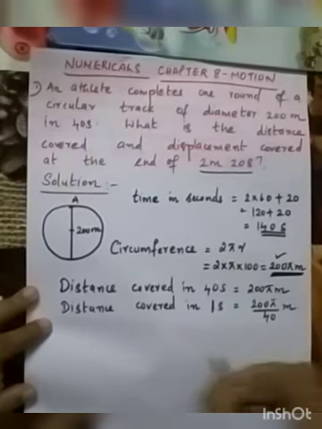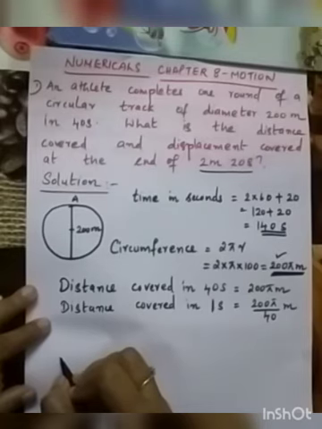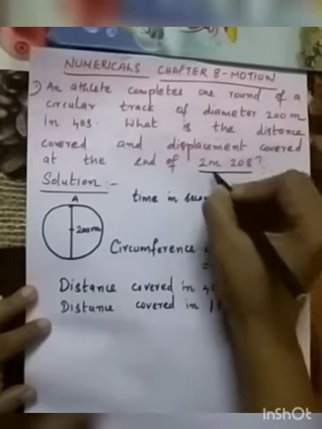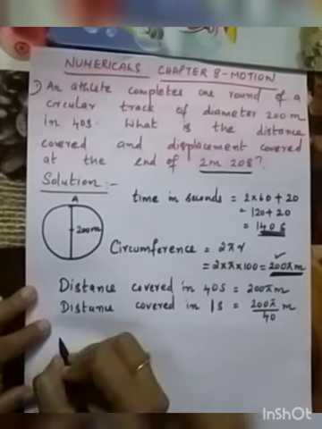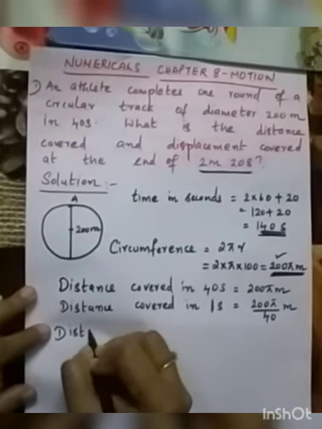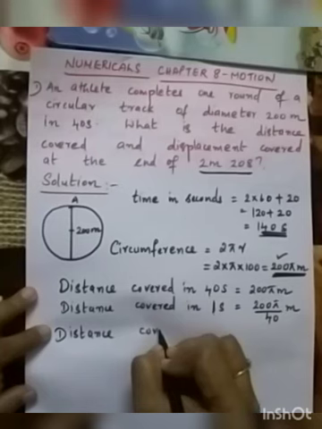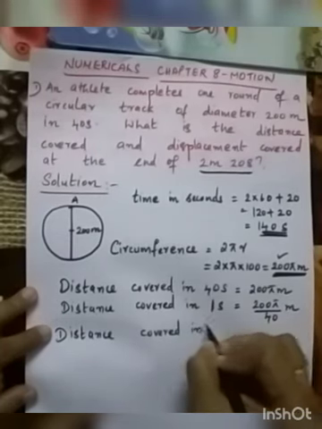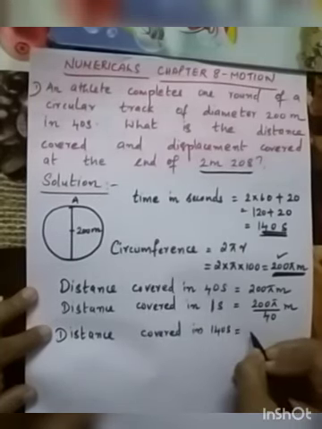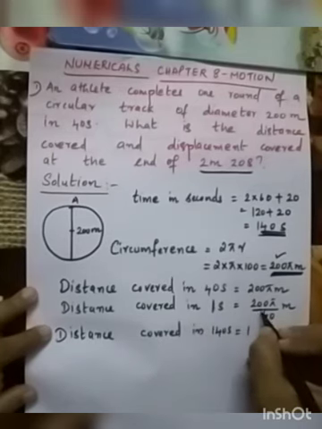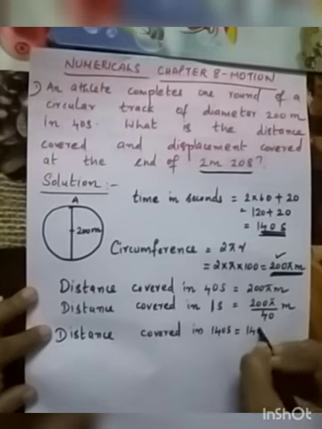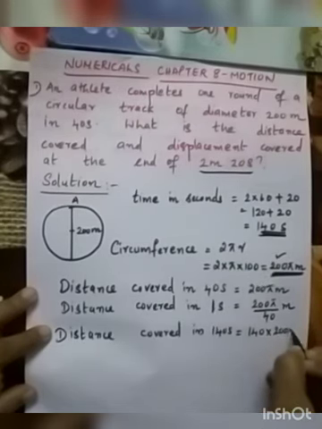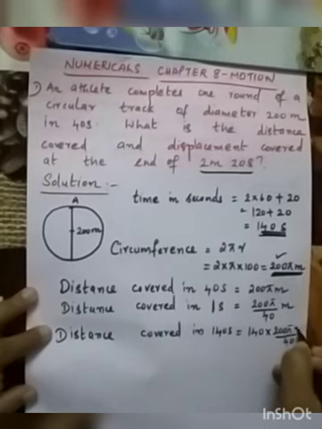Right? Pure mathematics. Next, you must find out the distance covered in 2 minutes 20 seconds. That means 140 seconds. So, what will be the distance covered in 140 seconds? That will be equal to, distance covered in 1 second is 200 pi by 40. So, the distance covered in 140 seconds will be 140 into 200 pi by 40 meter.